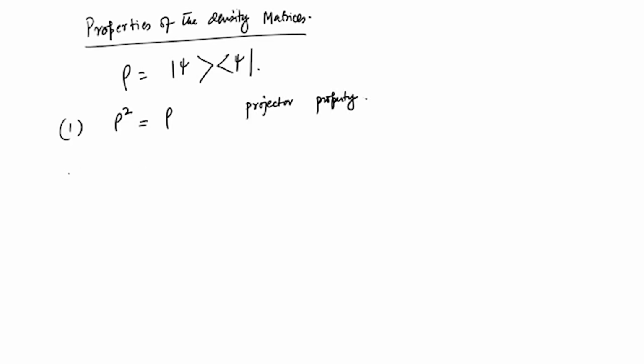Okay. And second is that rho dagger is equal to rho, and from your elementary quantum mechanics, this is called hermiticity. So, rho is a Hermitian matrix.